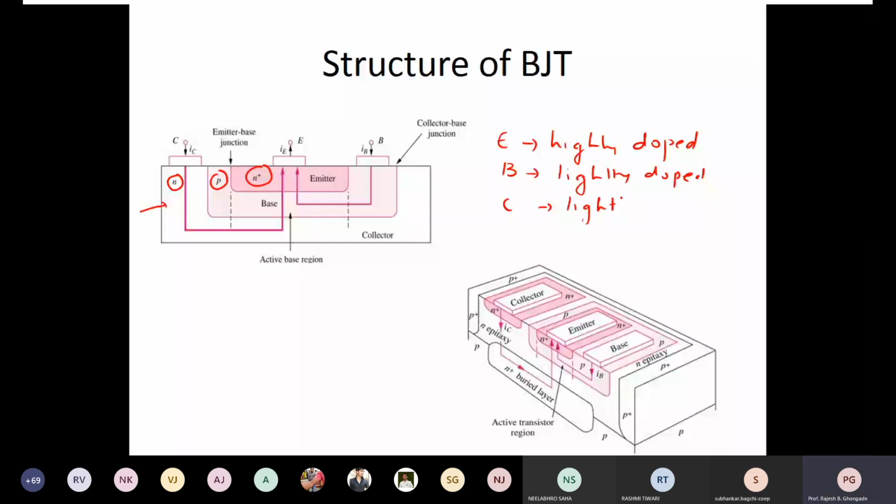And that is the reason why we mark it as N plus here, P and N like this.